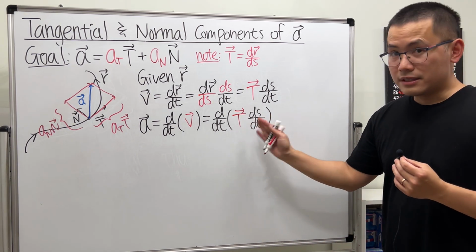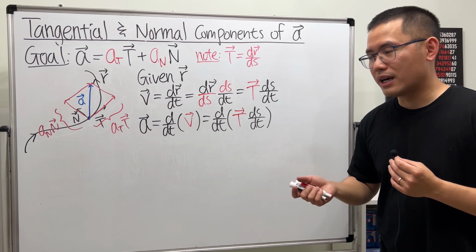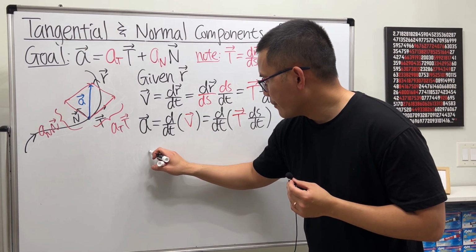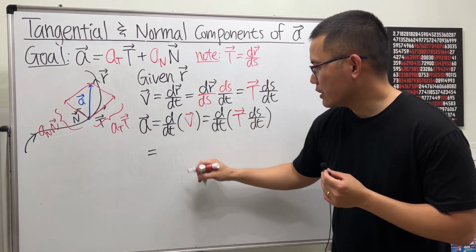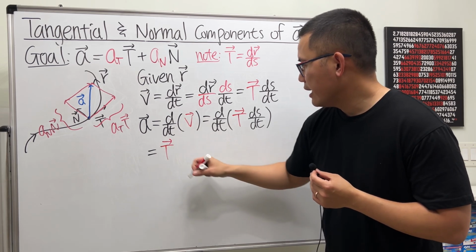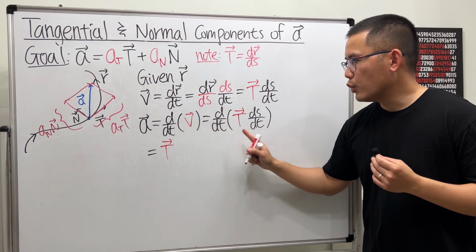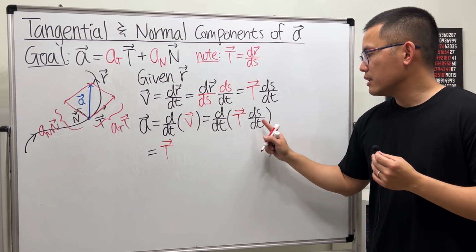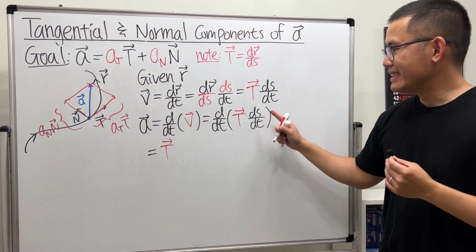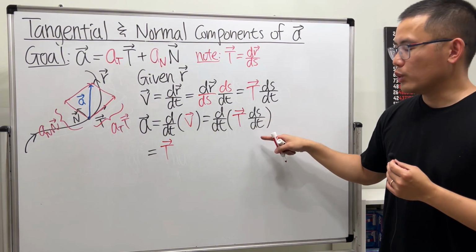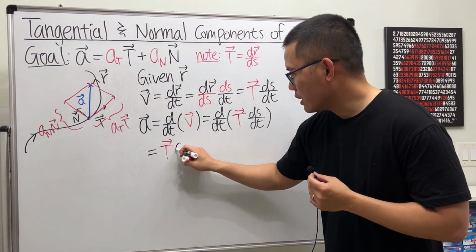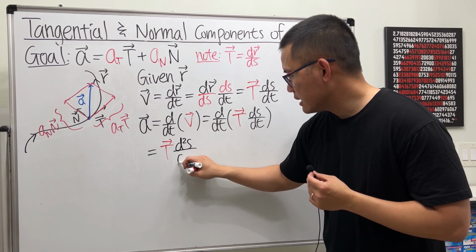Now, this is a product. We still have to use the product rule. Here we go. I'm going to keep the first function, I will just write that as T, and then I will differentiate the second with respect to t. So we get what? The second derivative of s with respect to t. So here, d²s/dt².